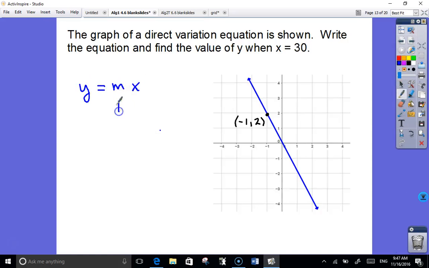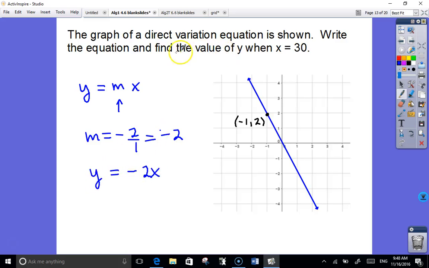So the only thing we need to be able to tell from this graph is what's the slope. In fact, it's just 2 over -1. You go up 2 and left 1, or down 2 and right 1. The m equals -2 over +1, which is -2. So the equation is y equals -2x.